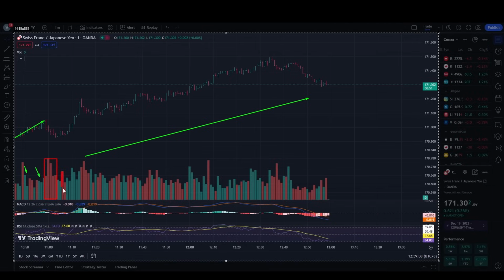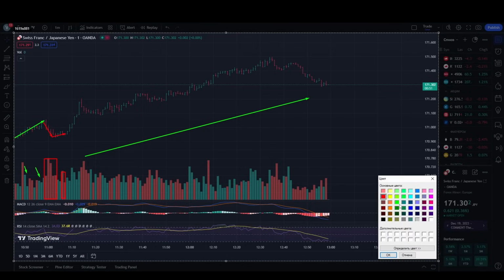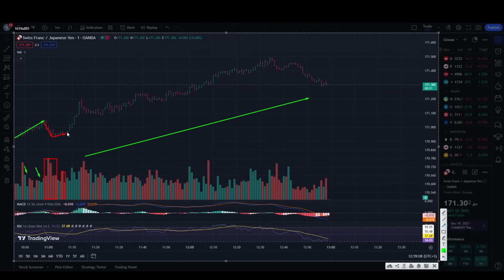Very often after this, the trend continues its movement based on the direction of the so-called handle of this cup, and this is exactly what we see on the graph. The trend is confidently rising, and buyers are also confidently saturating their volumes and maintaining the market.